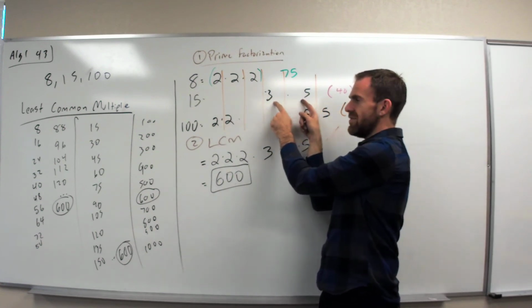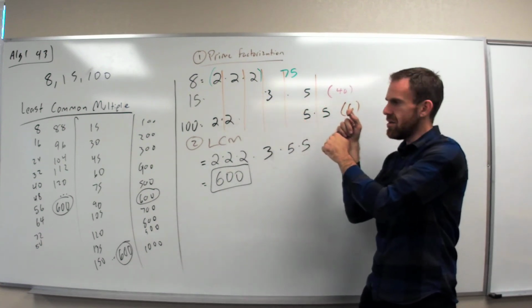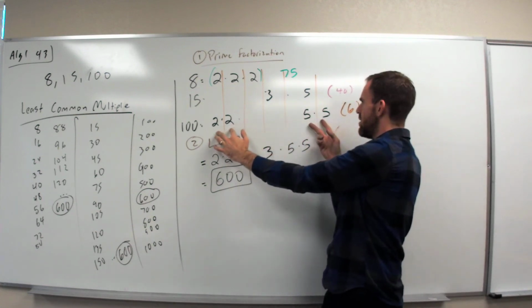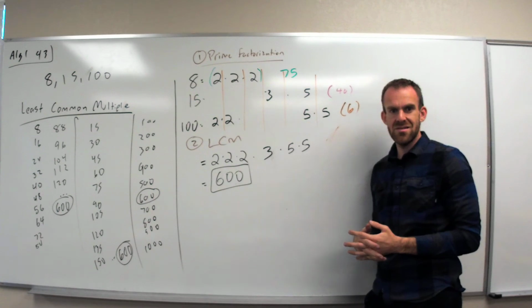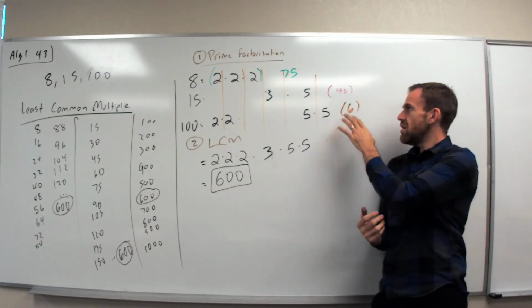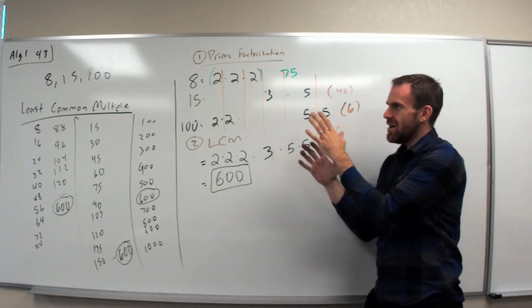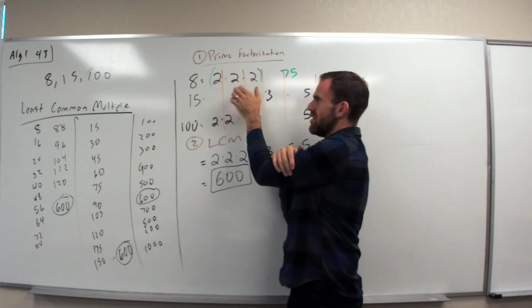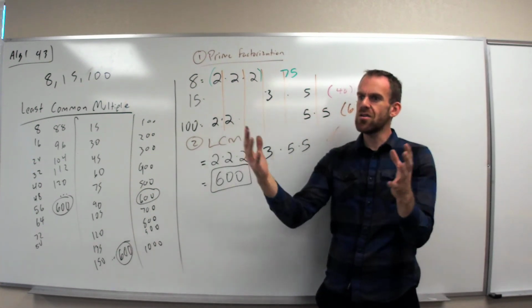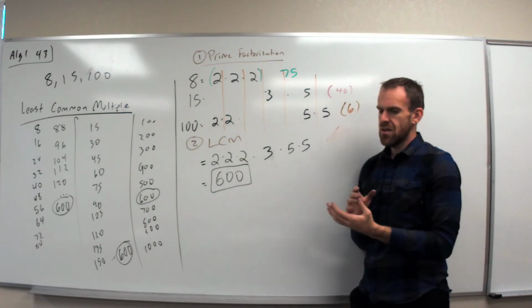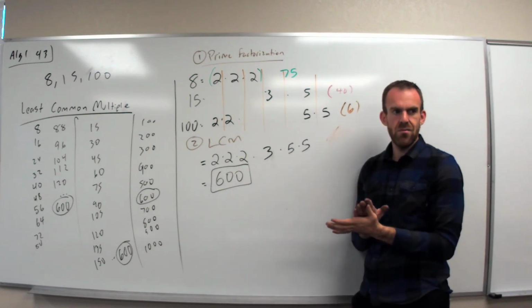So I'm multiplying 15 times 40 to get that. What about here? I have this times 3 times 2, which would be 6. It all lines up. So it all works out because I need a little bit of this number, a little bit of that number, and a little bit of that number, and I see what they will all go into, which is the least common multiple.